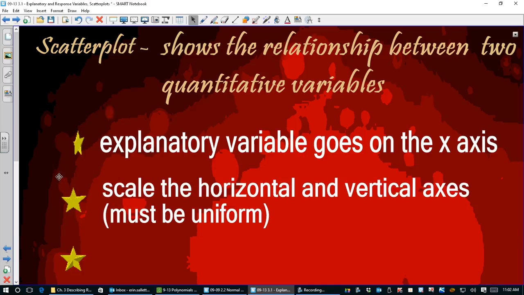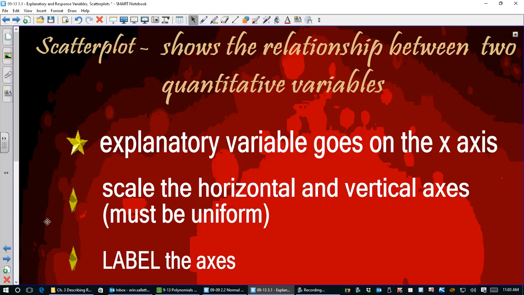It's important to make sure that you scale the horizontal and vertical axes, and they must be uniform. If you don't use an appropriate scale and use that uniformity in your scaling, you're not going to be able to detect things that we're going to need to be detecting in the future. Also, something that we need to make sure that we are in the habit of doing, label your axes.